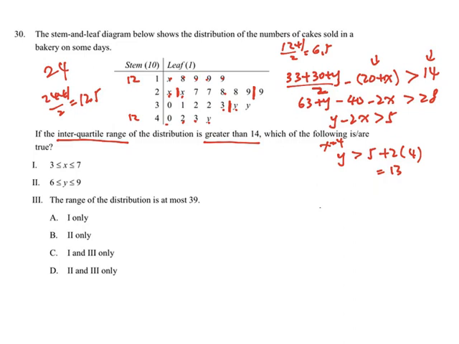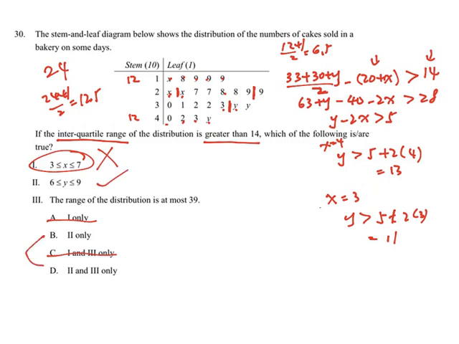So y should not be 13, because y should be a single digit. So x can be 3? Can it be 3? 5 plus 2 times 3 is also 11. So it is impossible for x in this range. It should be less than this. So 1 is wrong, and 2 is true in these two situations.